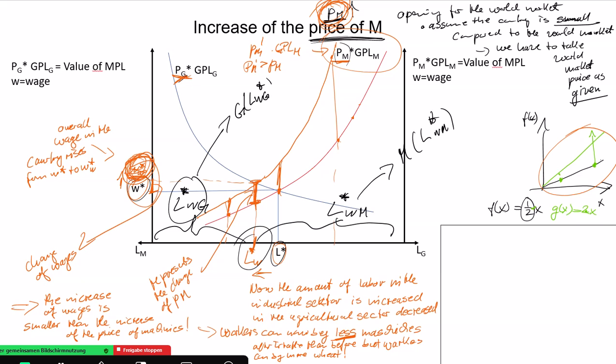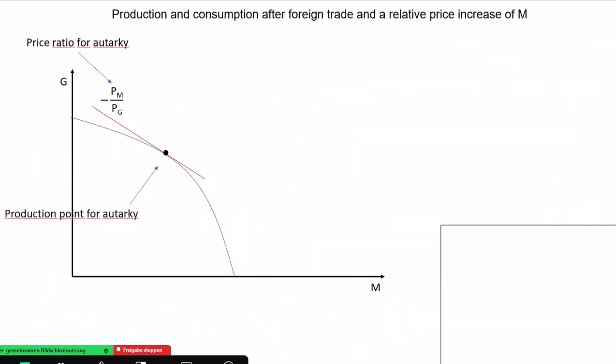So this defines us not only the division of the people who is working in the agricultural sector, who is working in the industrial sector, it also defines us the basket of the two goods we are producing in the amount. Okay, and for this we also now compare the situation with trade and without trade.